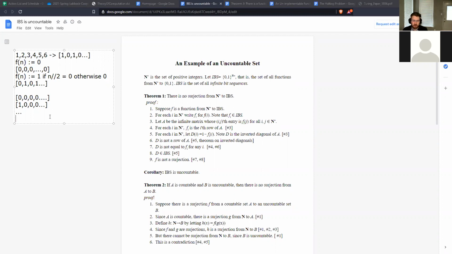Now, can someone tell me what it means for there to be a surjection from set A to set B? You don't have to be completely precise, just give me the idea. Well stated. There is an injection from B to A, but pretend you didn't know what an injection was.